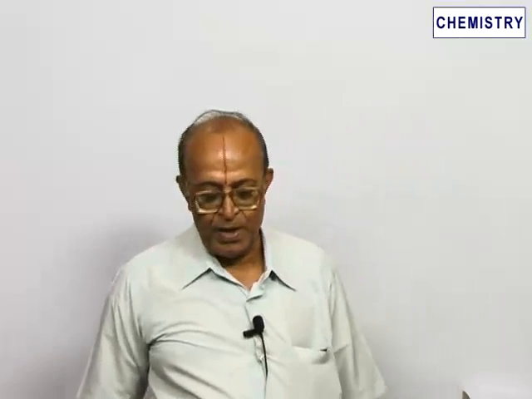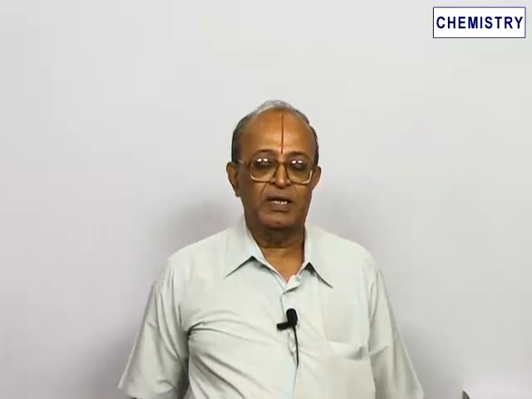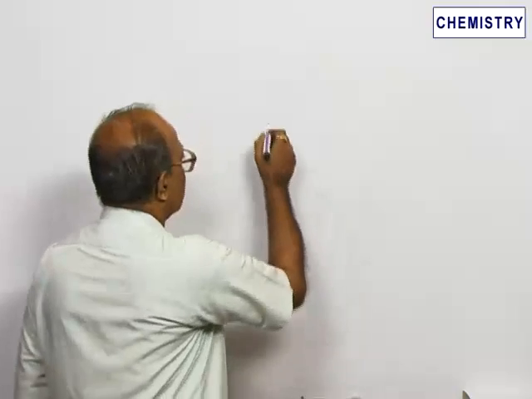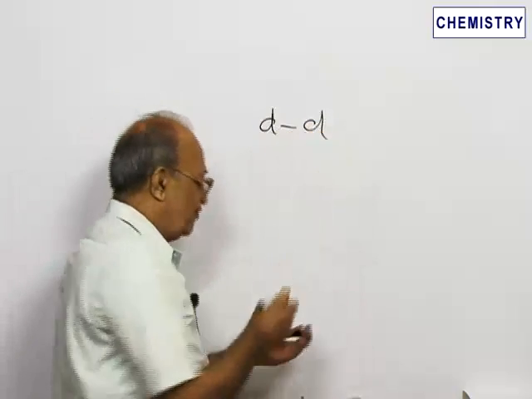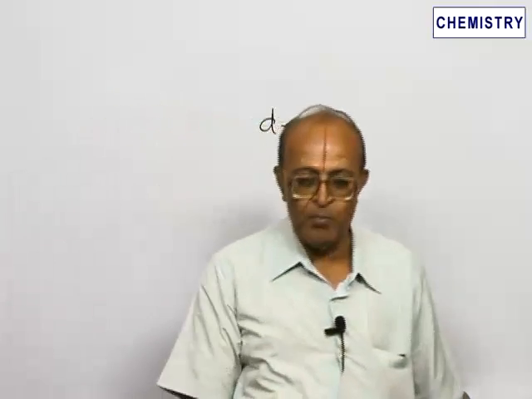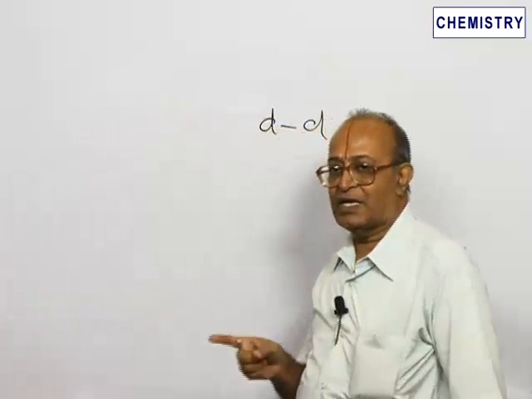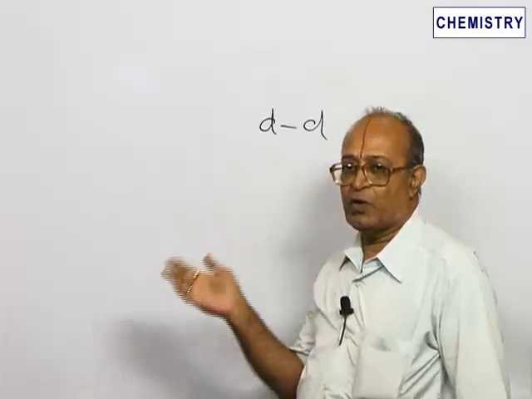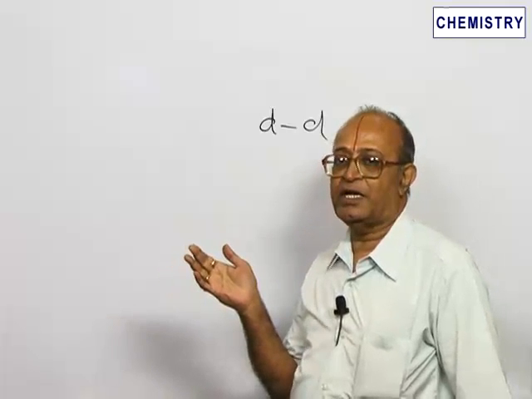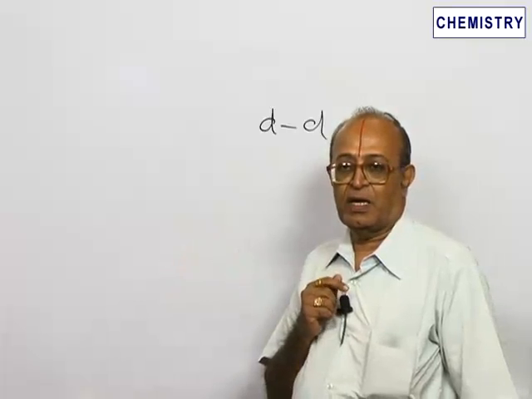Now, the explanation is D-D transition. For the transition metal compounds to be colored, the reason is there should be what is called D-D transition.